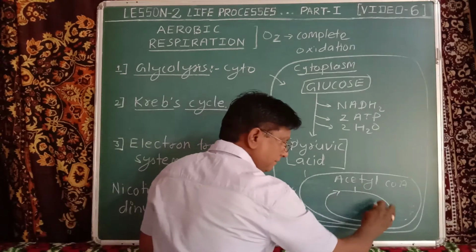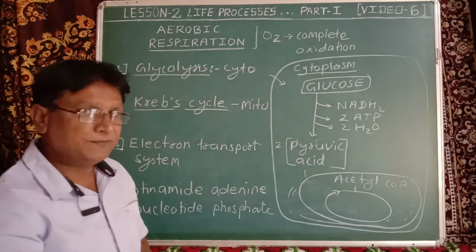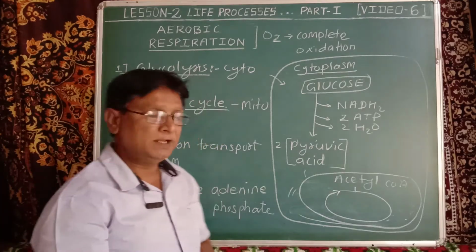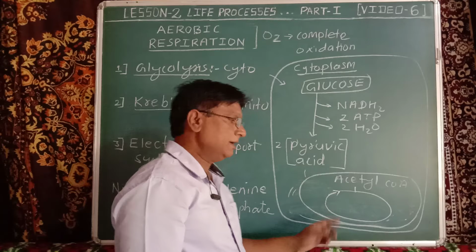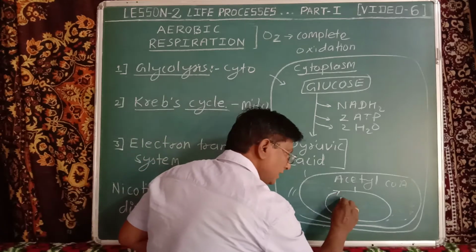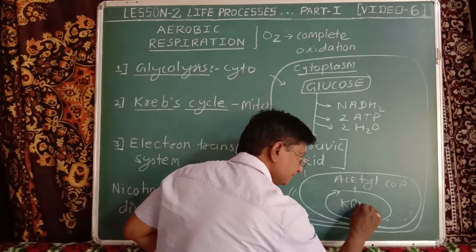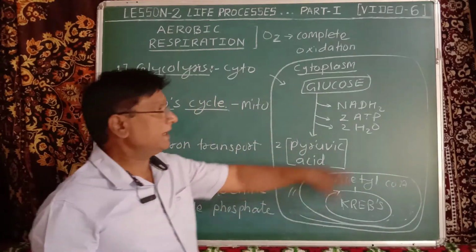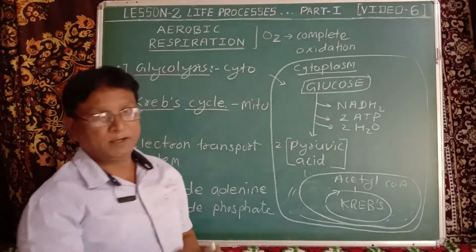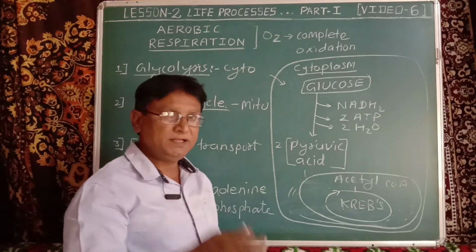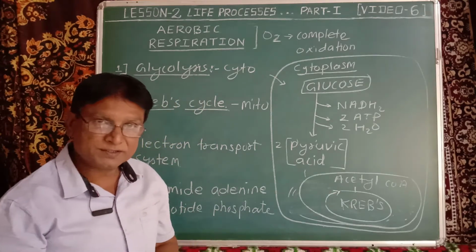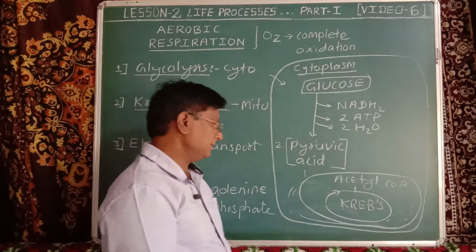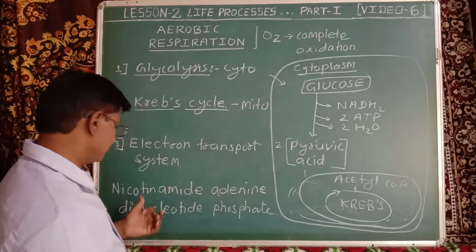In these changes there are different steps, many chemicals are formed in a cyclic manner, and this cycle is called Krebs cycle. During Krebs cycle, again NADH2, one more coenzyme called FADH2, and carbon dioxide are produced. We will take details later.